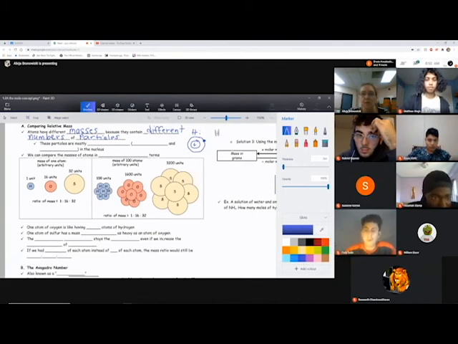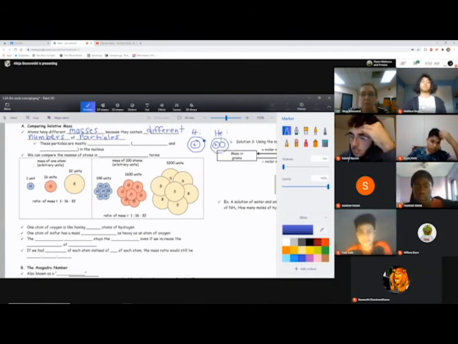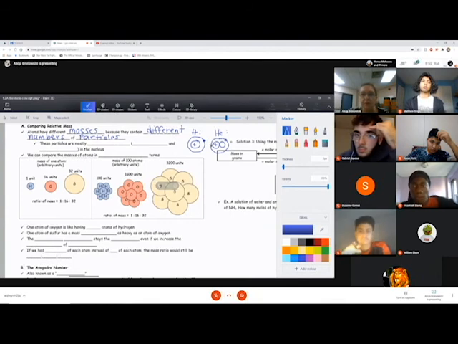For helium, I would have protons and neutrons in my nucleus with 2 electrons. We'll talk more about the components of an atom in the next unit. Helium has more stuff, so helium is going to weigh more than hydrogen.